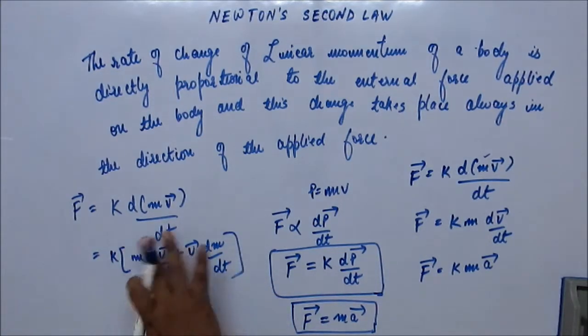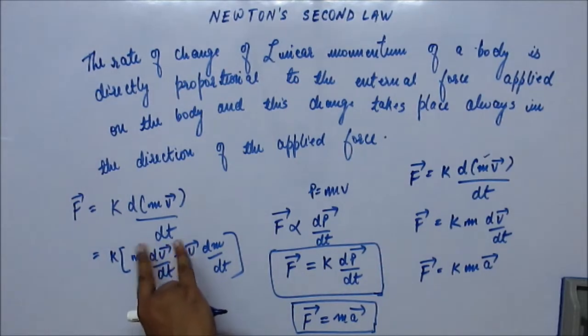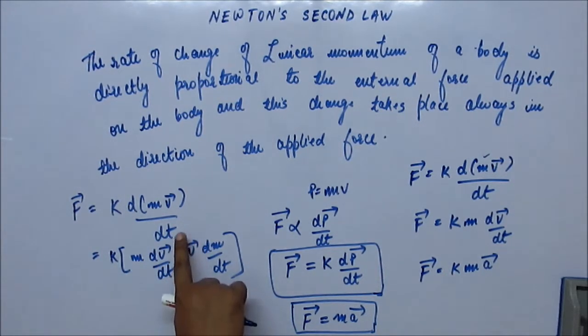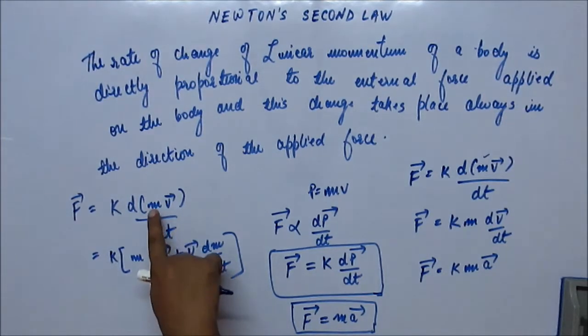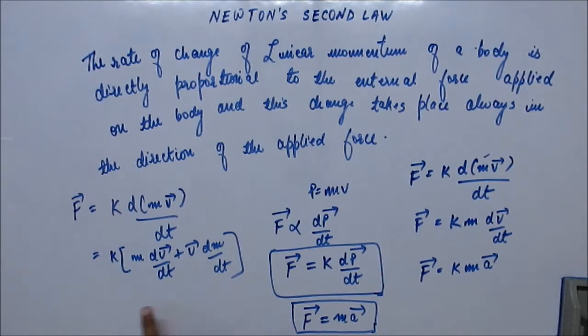That's how you differentiate the product of two functions when both functions are dependent on the variable with respect to which you are differentiating. So mass is also changing with time, velocity is also changing with time, both are dependent on time. This is how the actual differentiation would be if the mass is changing.